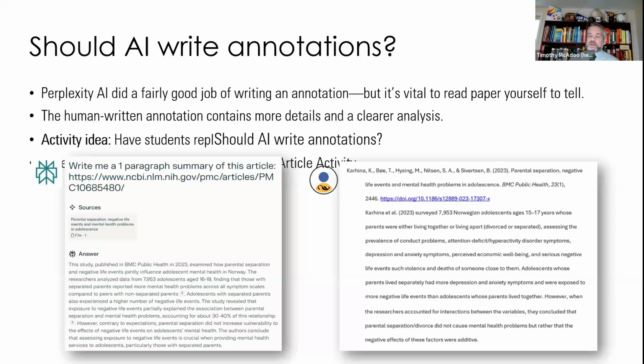A second assignment you could do after that would be asking students to do the same process with a second paper: read a paper, write an annotation, and then provide that to the AI and ask the AI to suggest what might be missing, especially if that AI can compare against the original article itself. So in ways like this, students can learn what makes a good analysis of research and what makes a good annotated bibliography, and then also explore the benefits and the drawbacks of using AI or AI tools.